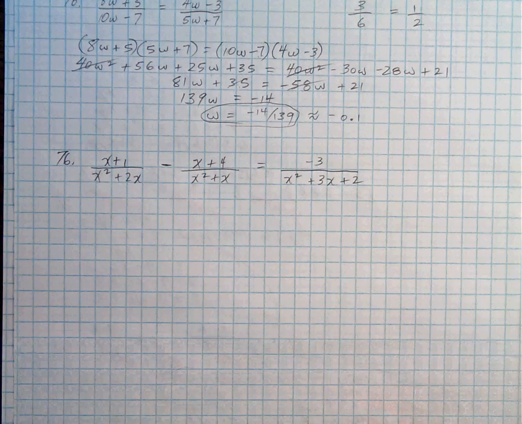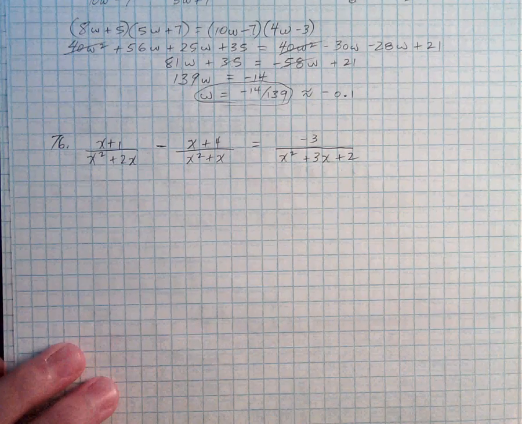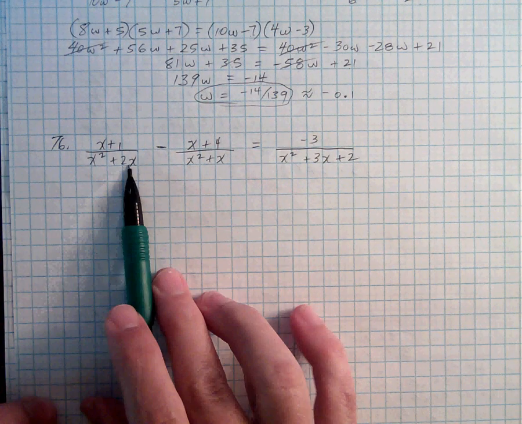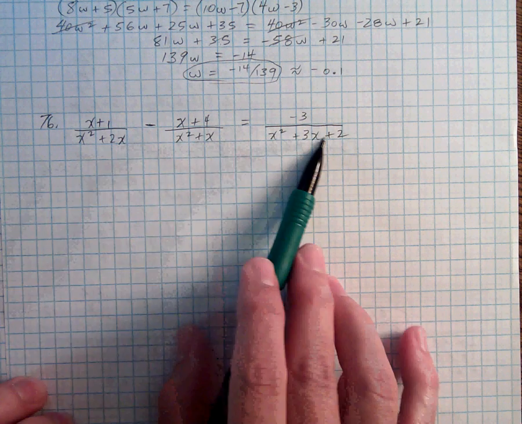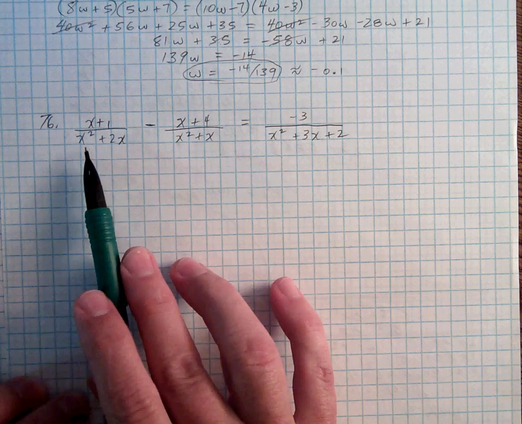Alright, well, it's kind of a mess, right? What we need is to get these into factored form so that we can find a common denominator that we can multiply through and get rid of all the denominators.